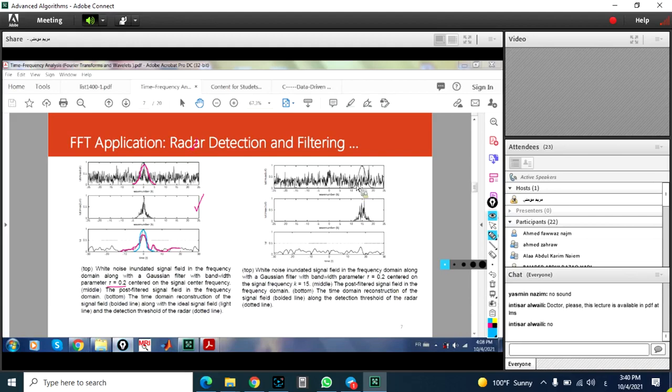For example, we again use this Gaussian with 0.2, but after filtration, in the inverse we have this blue signal.